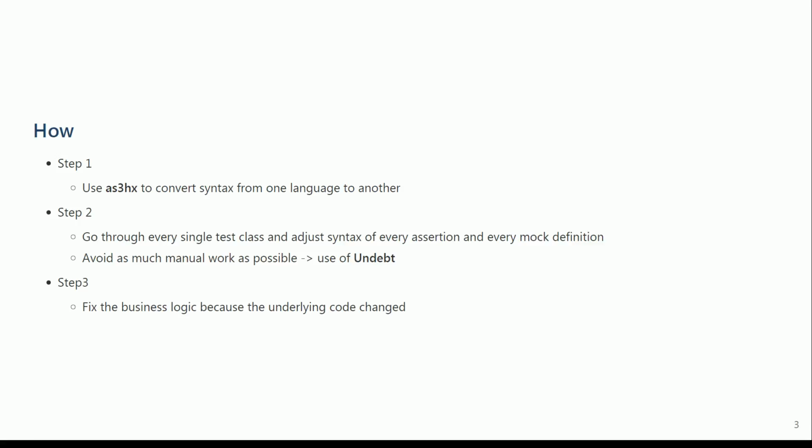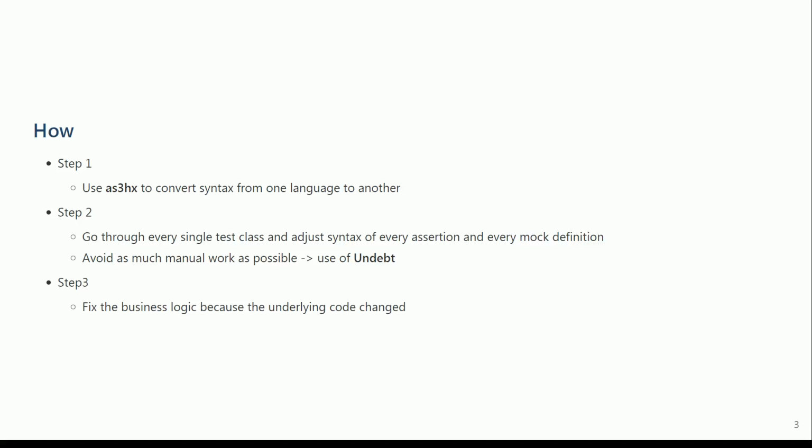We wanted to avoid that. So in step 2, we would have to go through every single test case and adjust everything from one framework to another, and that could be done automatically. And we used Undebt for it. I'm going to talk about Undebt today mostly.